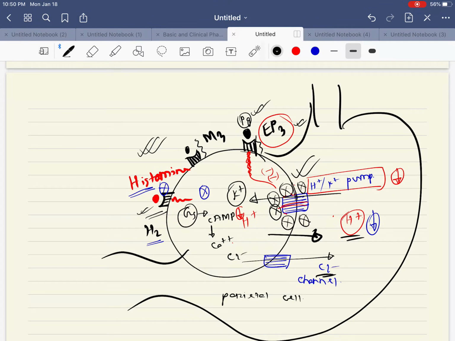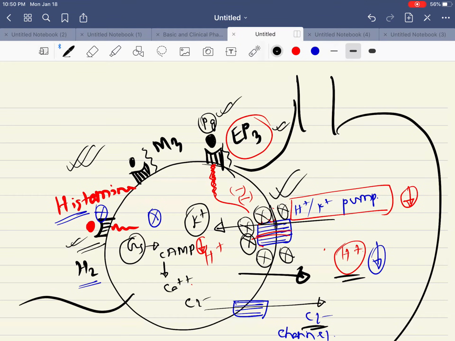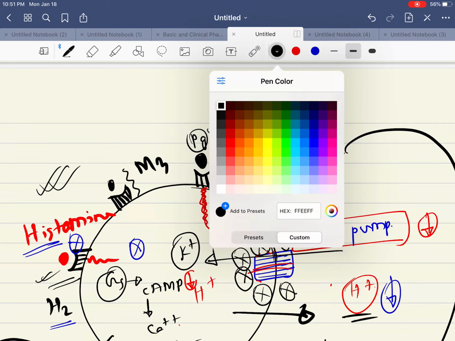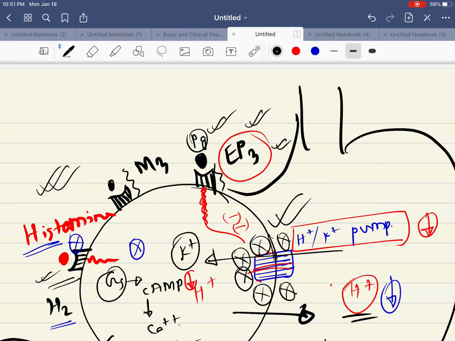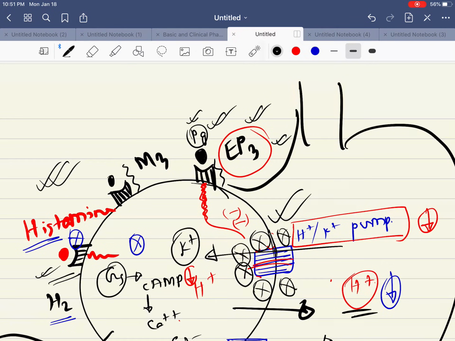Okay, I want to share more information with you about these anti-ulcerant drugs. If we use prostaglandin analogs, these prostaglandins not only suppress the H plus secretion, they also have other functions. A prostaglandin such as misoprostol stimulates the mucus gland, or mucus-secreting neck cell.